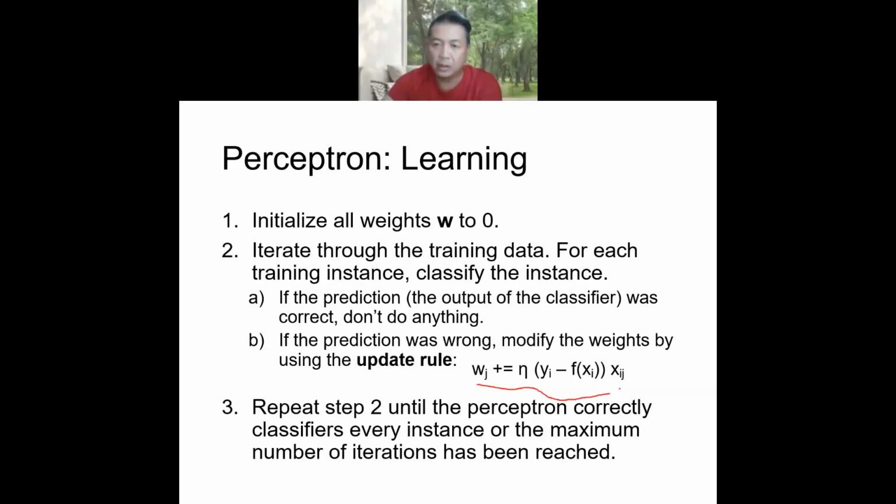This is your learning rate, this is your actual output, this is your predicted output, and this is the value of that particular feature in that particular sample. So i refers to the instance number, and j refers to the feature.